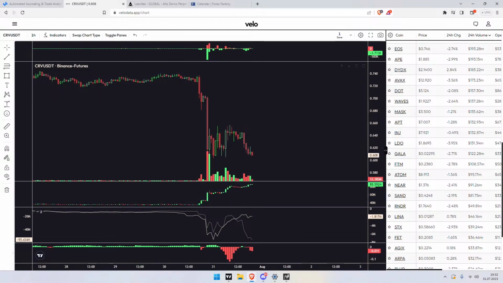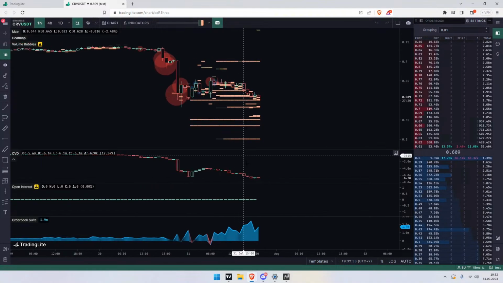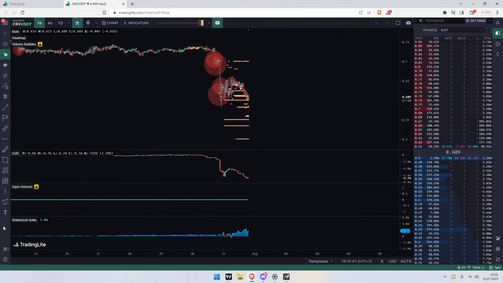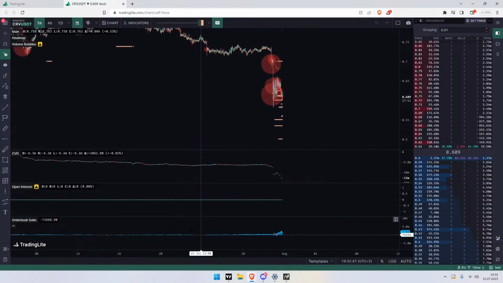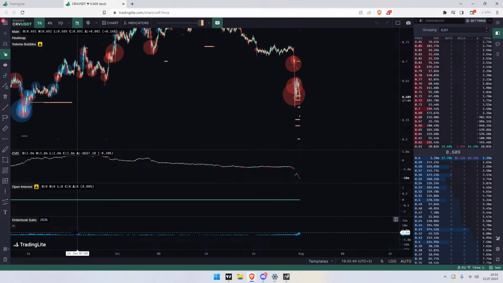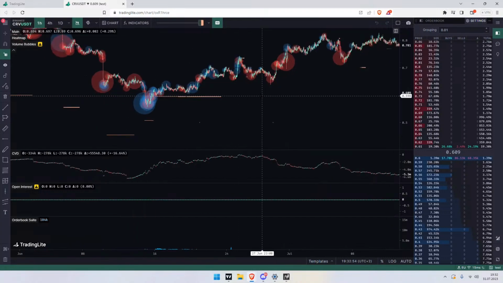Yeah, I think what is super interesting about this is if you take a look, this is on TradingLite. Look at this, this is the spot book, basically the bids and asks on the spot book, and you can see it's been kind of flat for the most part. There were some spikes when this rallied a bit.